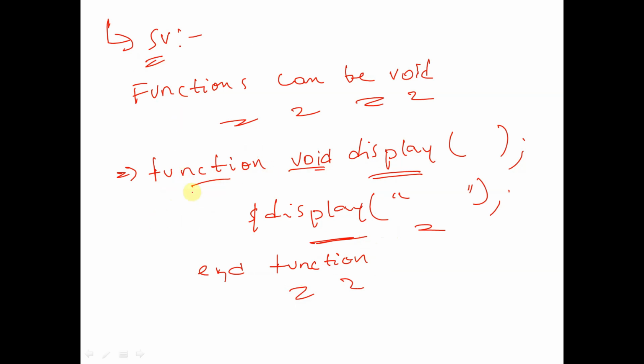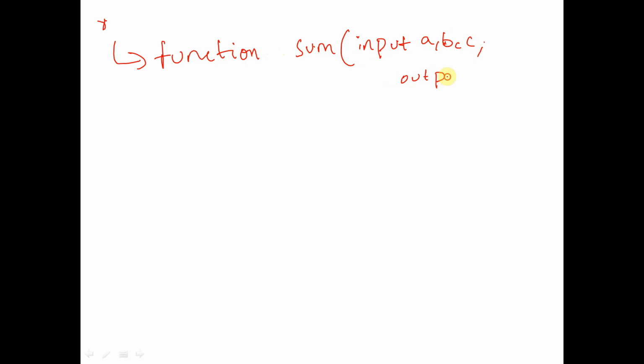These void functions will not return any value, whereas a normal function, if we do not declare a void function, for example function sum, input a, b, c, and output sum.